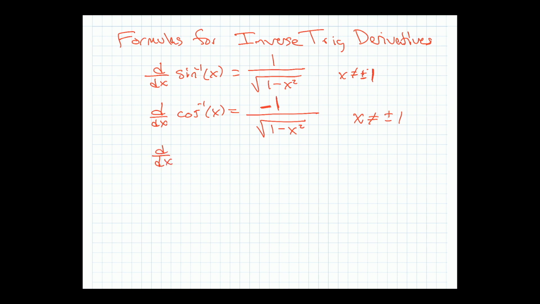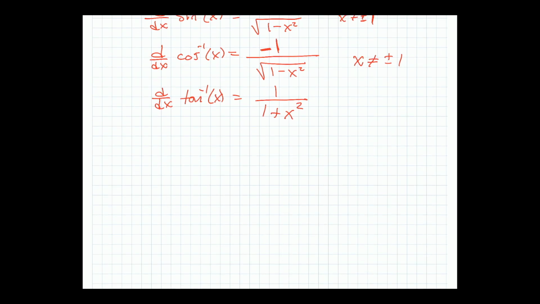All right, tangent inverse: 1 over 1 plus x squared. Cotangent inverse: negative 1 over 1 plus x squared.